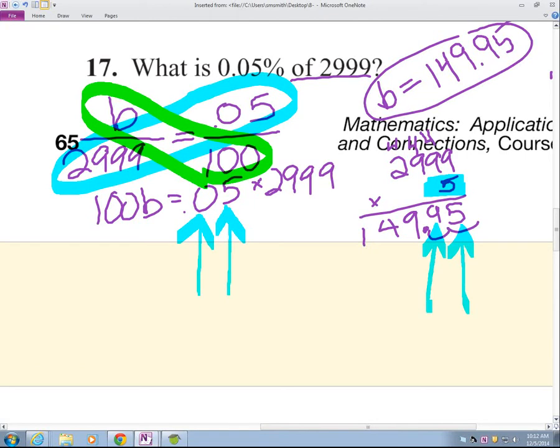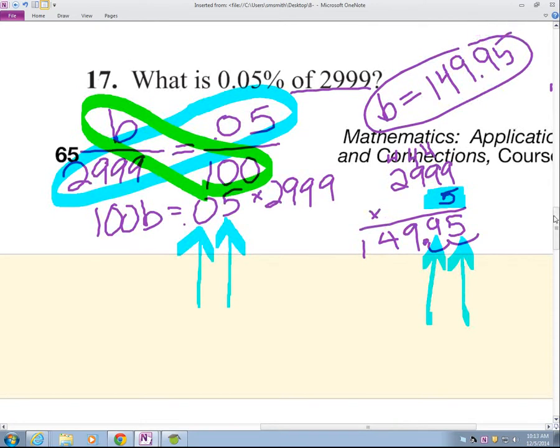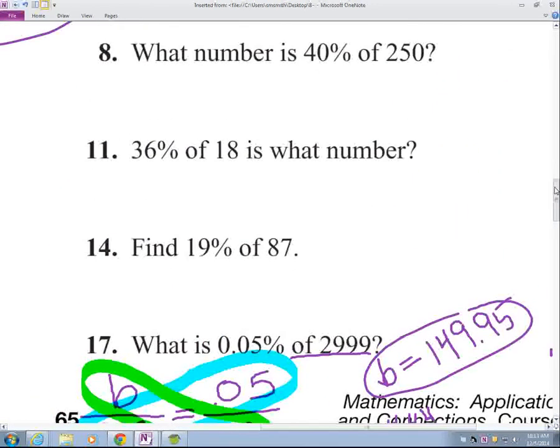Yeah. Taylor. What about on the homework if it has like 37.5%? Let's do number 16 on the homework. Let's see if we can find one in the examples that's not like that. 16. 37.5 is 18 of what number?